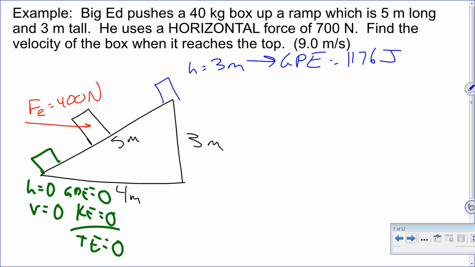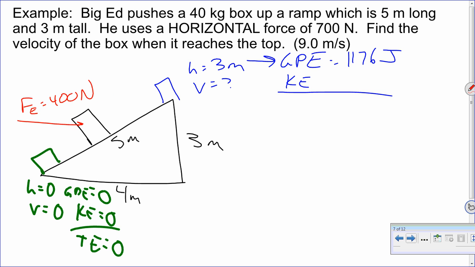But we're trying to find the velocity, and so I don't know the kinetic energy. Isn't it 700? Oh, it is 700. I'm sorry. Thank you. I'm glad you guys caught that.